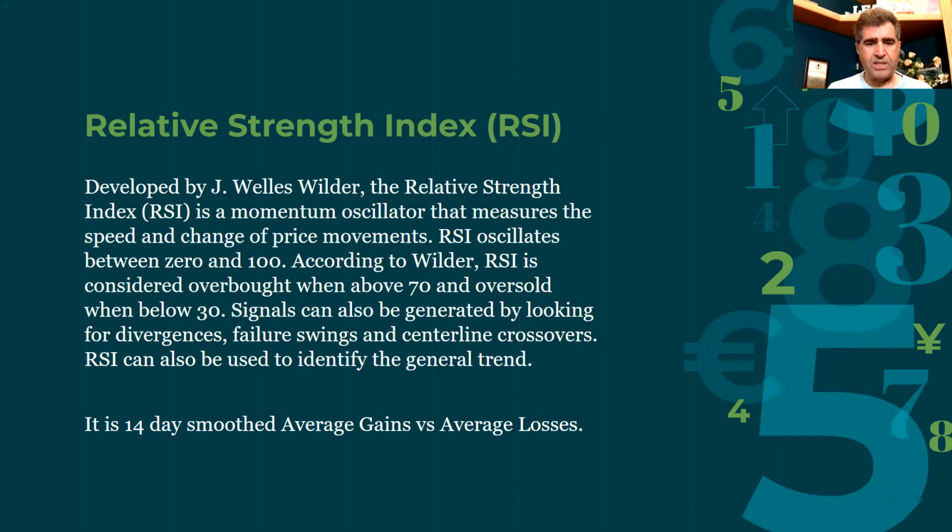And he's been the father of quite a few indicators, but the RSI is really the most used indicator. And it is a momentum oscillator, as I mentioned. So what it does, it measures the speed and the change of the price movement. So it is price dependent.